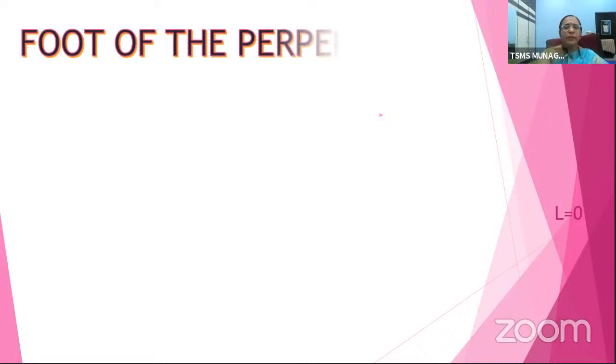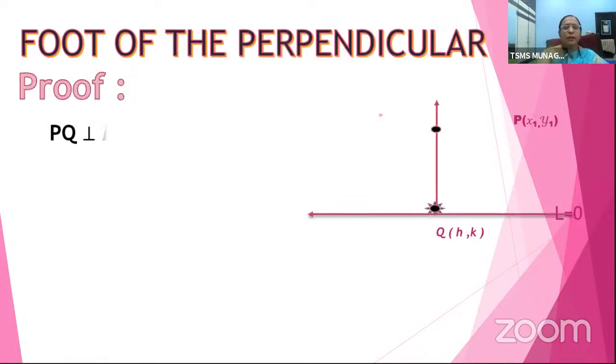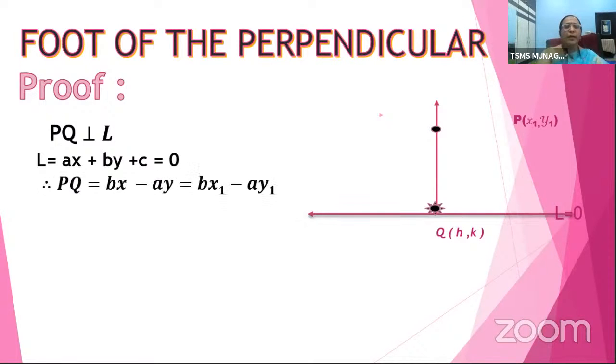The proof starts with the perpendicular concept. Here we know that the line PQ is perpendicular to the line L. Now, L is in the standard form, ax + by + c = 0. Just today we have learned how to write the perpendicular equation.